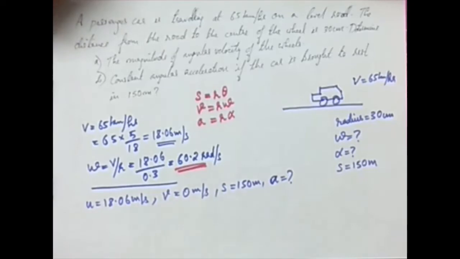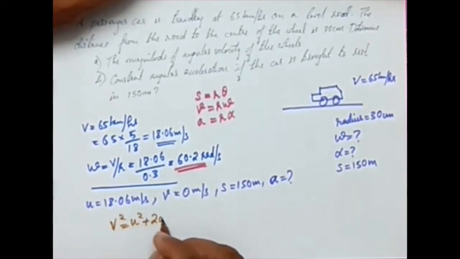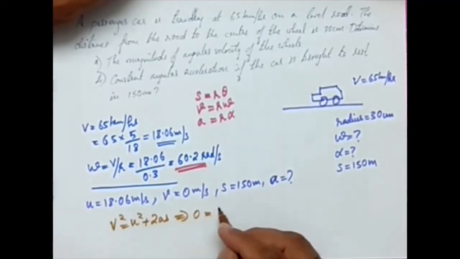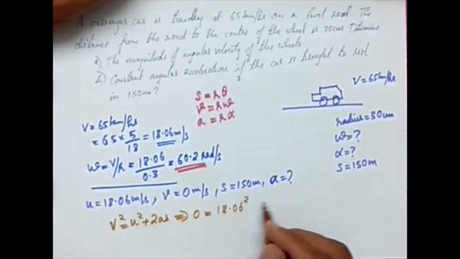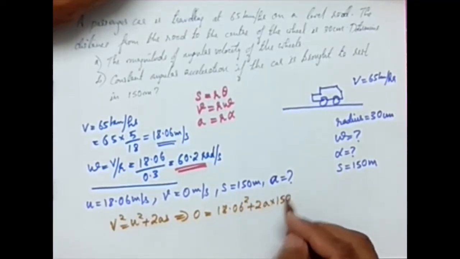So what expression can we use here? V, u, a and s. The expression is v square equals u square plus 2as. So what will this give? 0 equals 18.06 square plus 2a times 150.